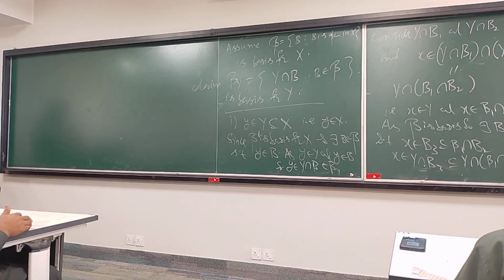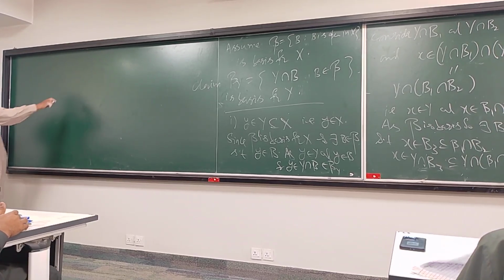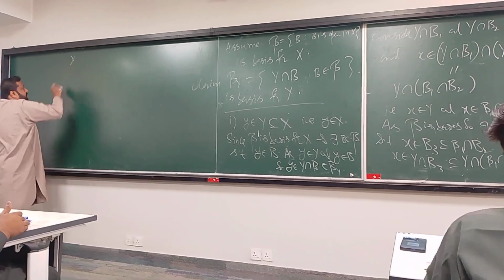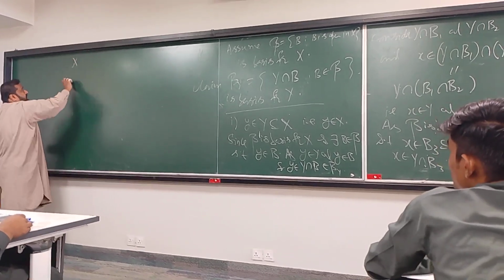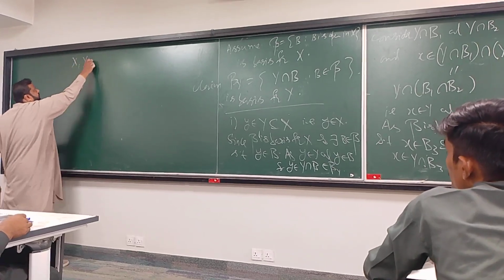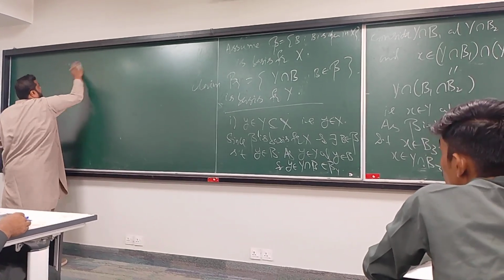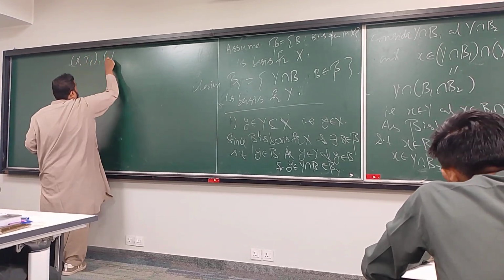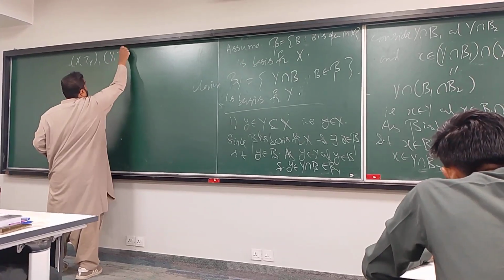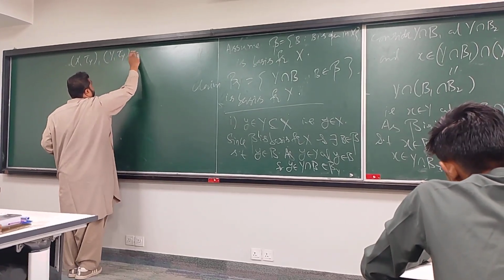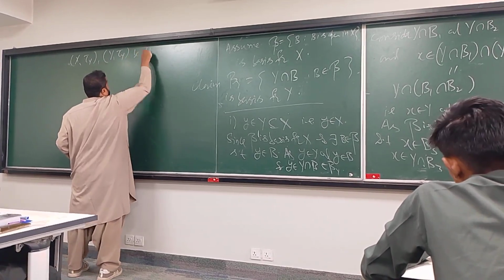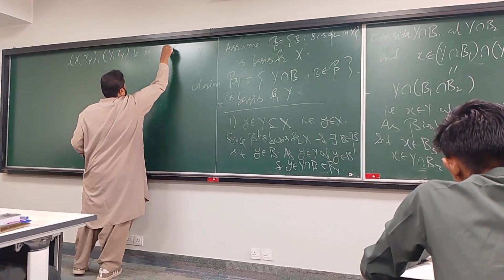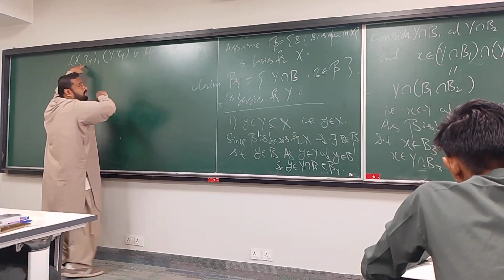Here is the next interesting thing. Let's say I have two topological spaces, X with topology tau X and Y with topology tau Y. I'm not assuming that this is a subspace of this.